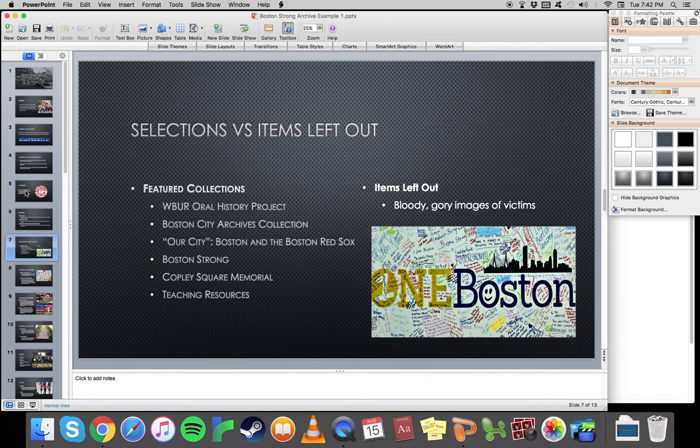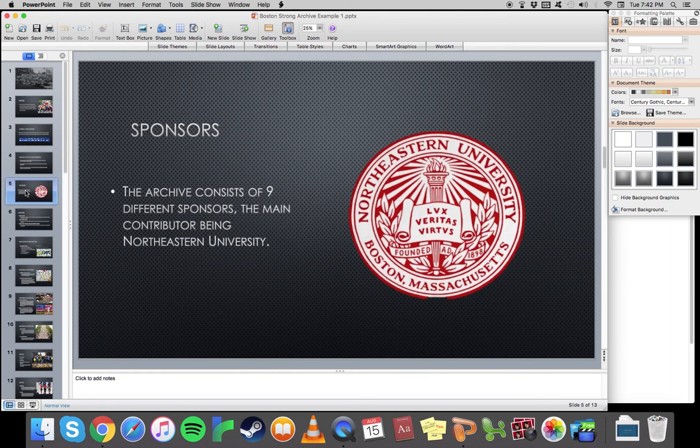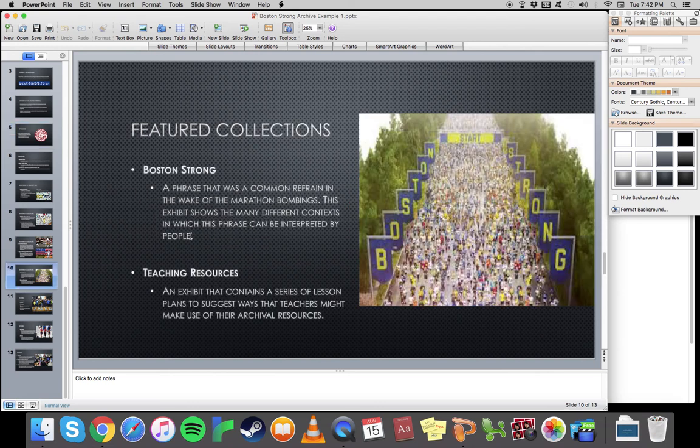So this person is answering the questions that have been set forth in the assignment sheet. The who, what, when, where, why, how, okay? They're looking at the sponsors, like who is sponsoring this archive and why are they sponsoring it, okay? So each slide is essentially answering a question. What's this one? Featured collections. This archive has 2 different collections, right?